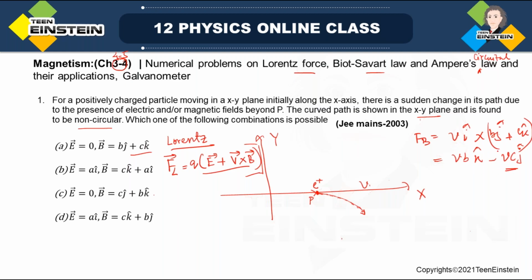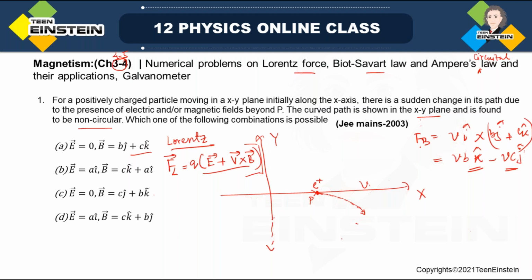You can see there are actually two components in the magnetic force. One is along the positive z direction, another is along the negative y direction. But in this case, there is a component along the k direction also.